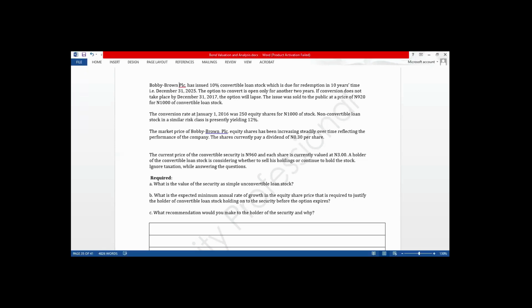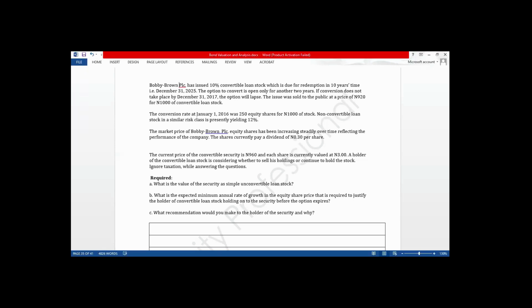Convertible loan stock. These are debt instruments that give the debt holder the rights, but not the obligation, to be converted to equity shares within a specified period.